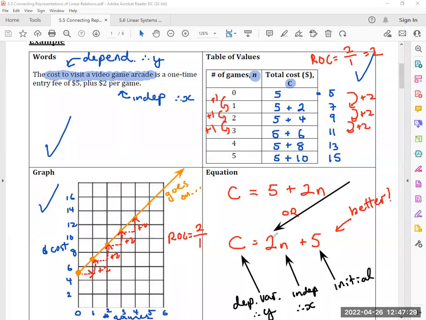All that's left is the number 2. Do you see the connection? The number 2 that we're constantly multiplying here is this part, right? It's the $2 per game. Where else do you see 2 in the other options?